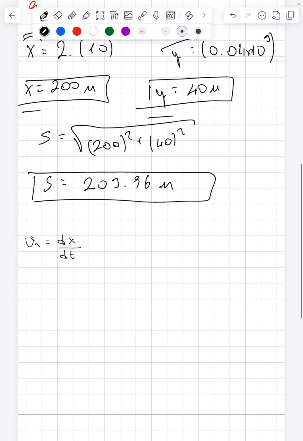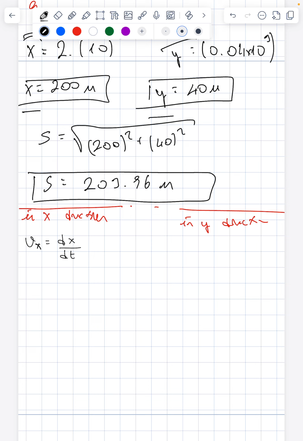Let's say this is vx in the x direction, and vy in the y direction.